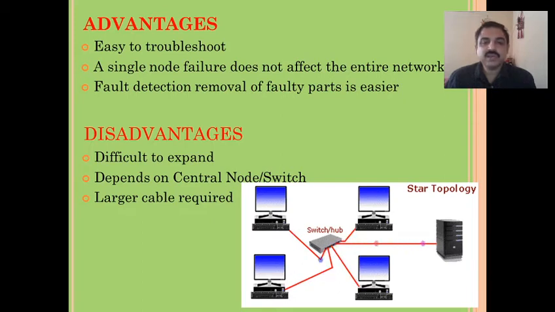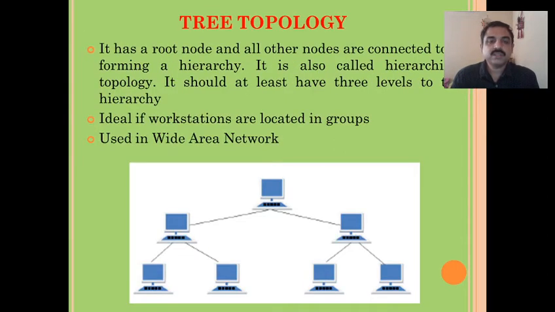Everything depends on the central node. If the central node fails, then the whole network will fail. Larger cable is also required. This is also one of the disadvantages. From the switch, a cable goes to each node, so you need more cable. So these are the disadvantages of star topology.